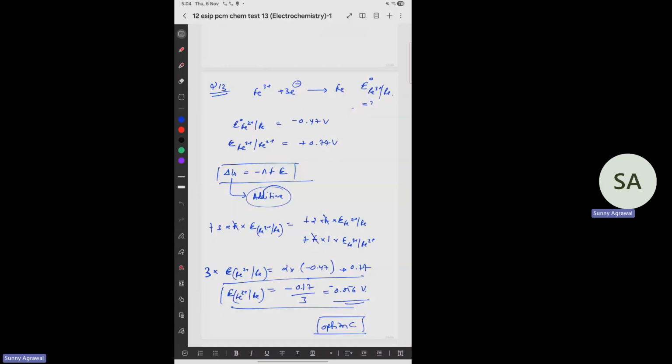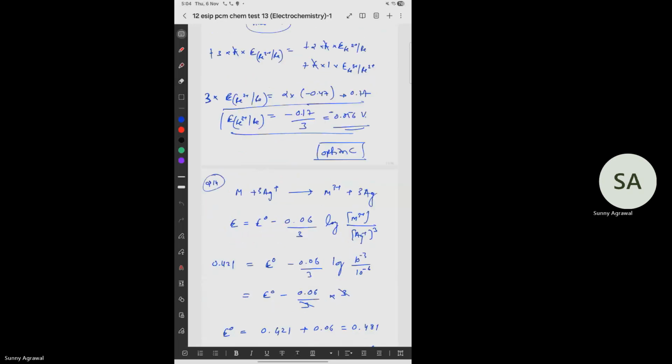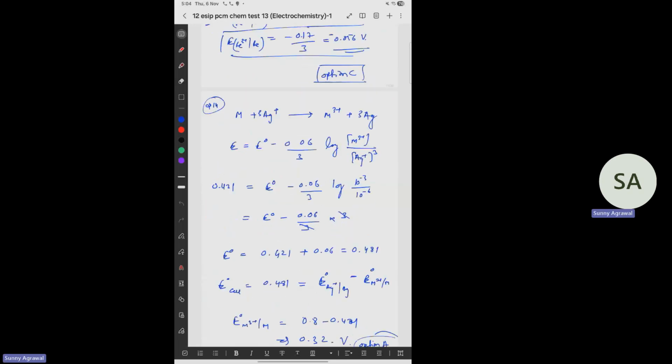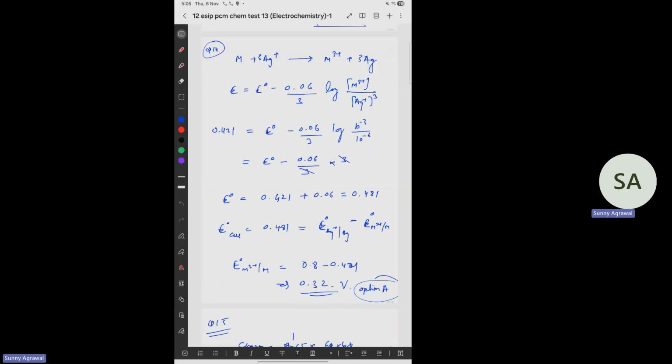Question number 14. Find the reduction potential of this. The following cell is constituted, and the EMF of the cell is found to be this much. The standard potential of the half cell of this is given here.